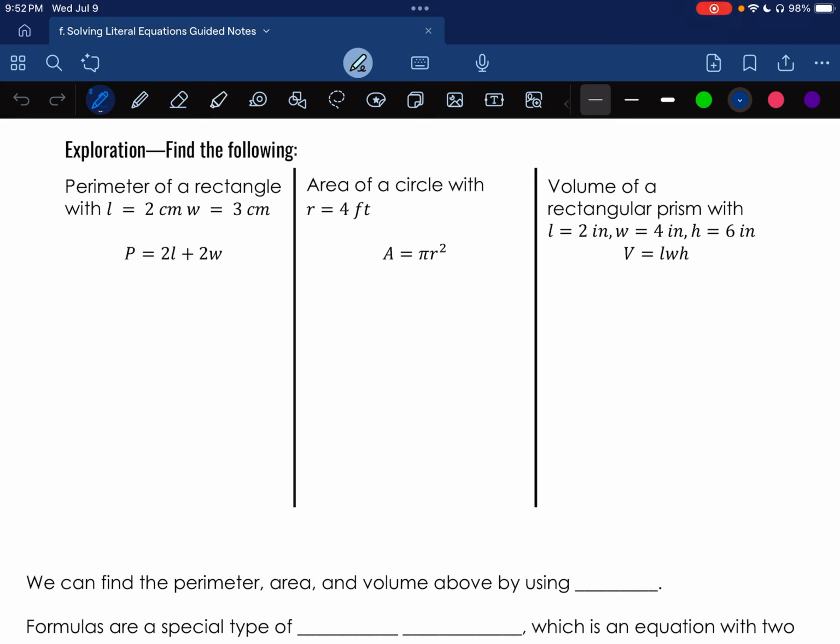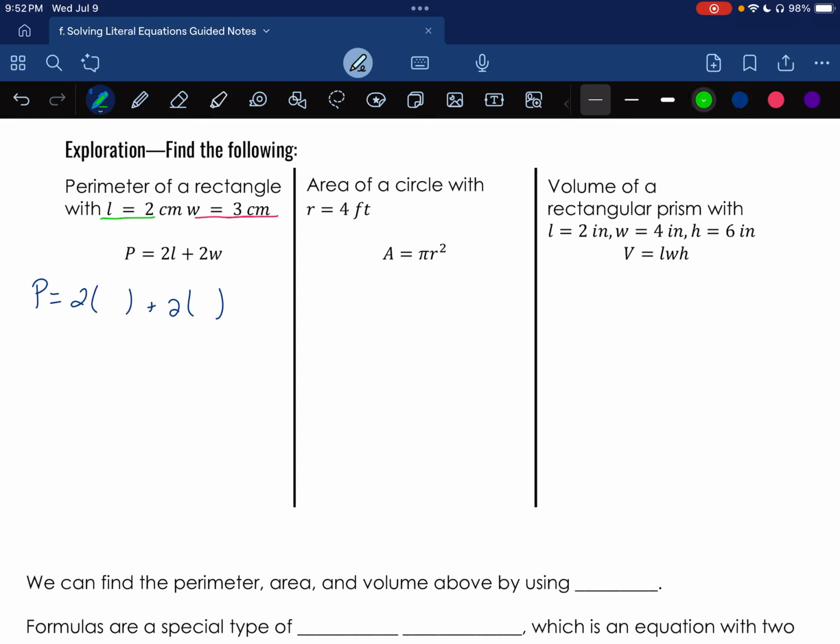Okie dokie. So here I've asked you to find the perimeter of a rectangle. I gave you the formulas for all these. Something with a length of 2 centimeters and a width of 3 centimeters. What I'm going to do is plug these in.